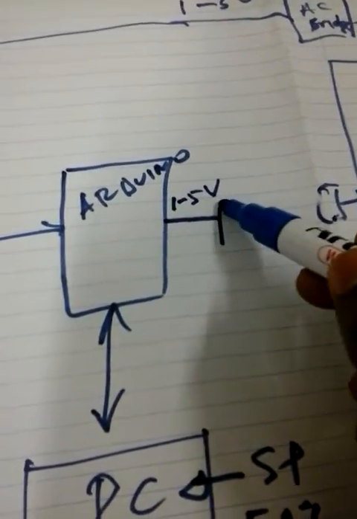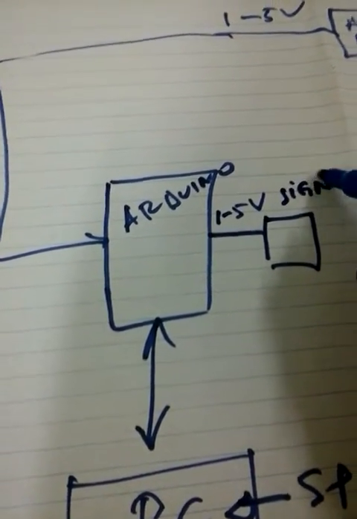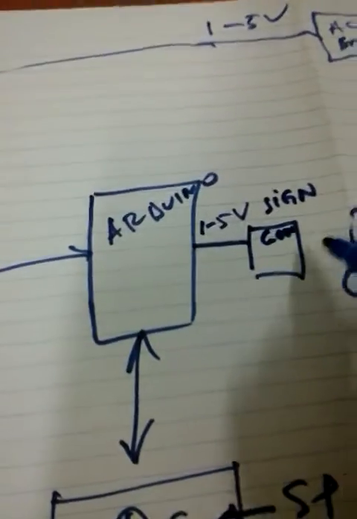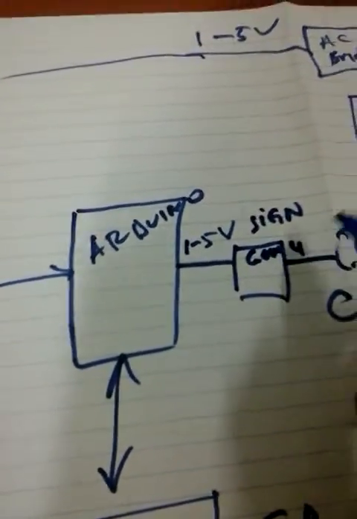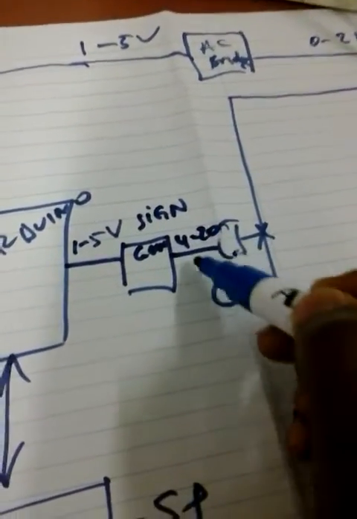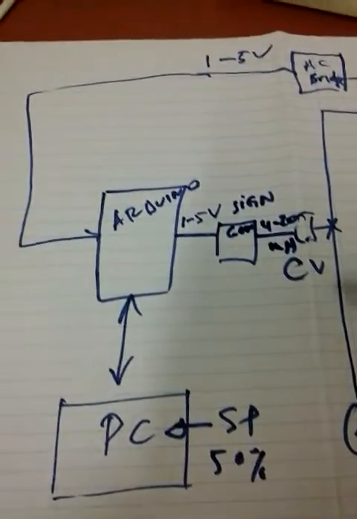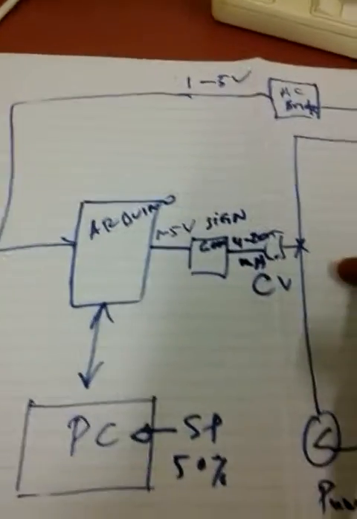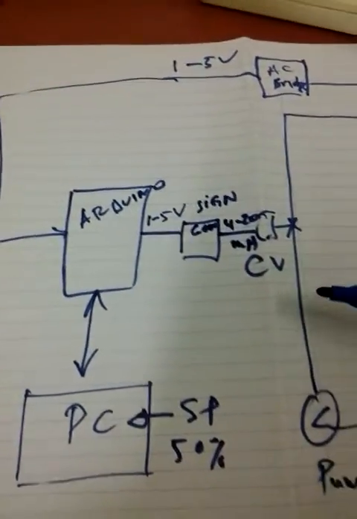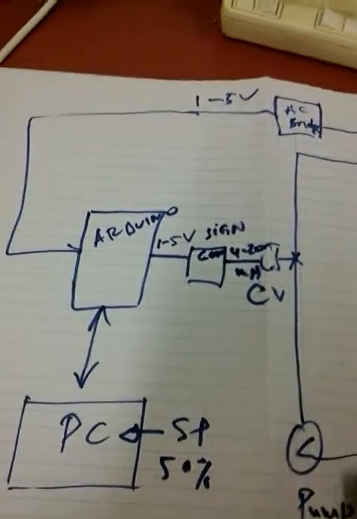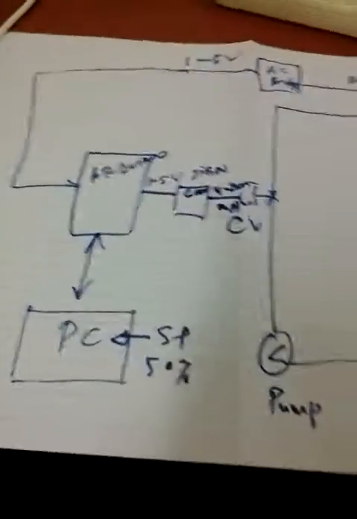But because the control valve needs current, we have here what's called a signal converter, which will convert the signal into 4 to 20 milliamps. Remember, if the valve receives 4 milliamps, it will be open at the minimum state. If it receives 20 milliamps, the valve will be fully open at the maximum.